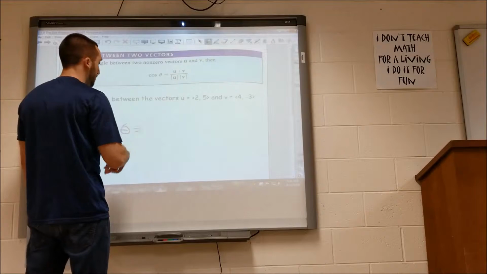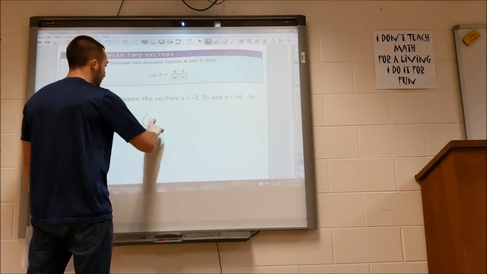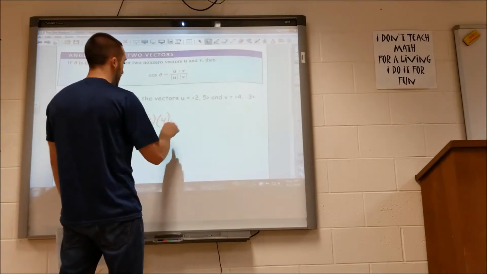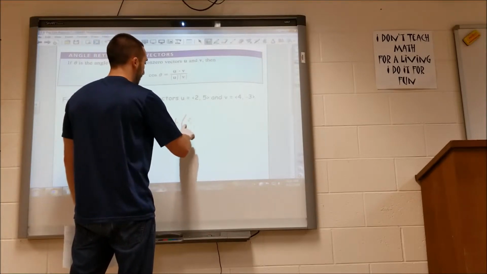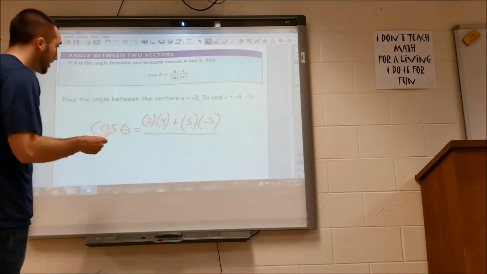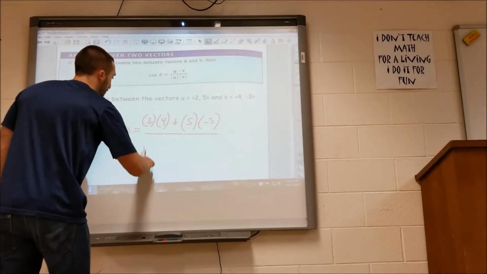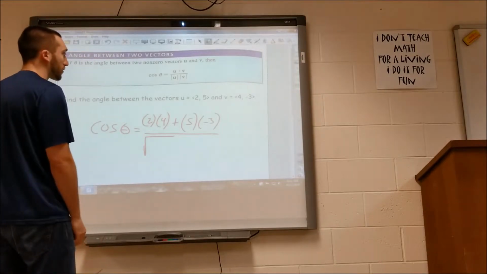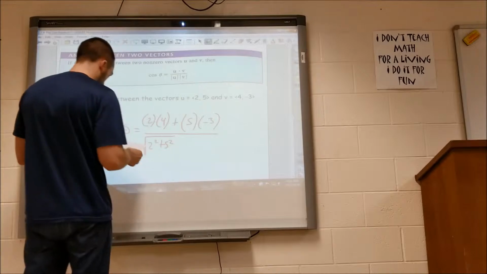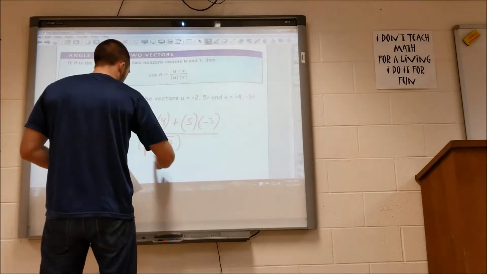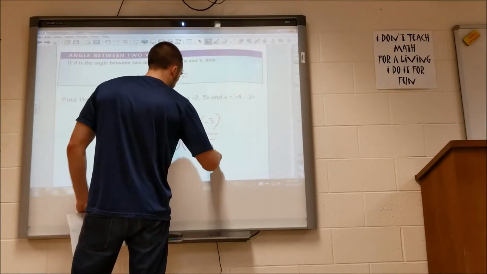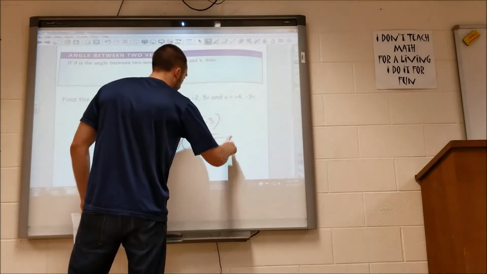So the dot product of u and v should be 2 times 4 plus 5 times -3, over the magnitude of u, okay, so remember that's equal to the square root of 2 squared plus 5 squared, times the square root of 4 squared plus -3 squared.